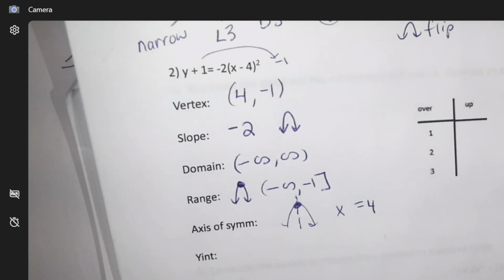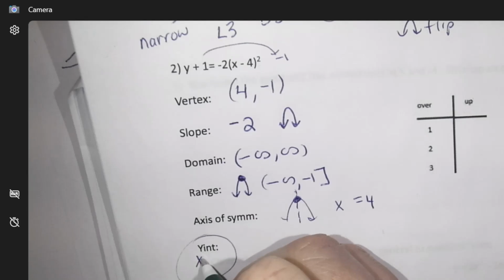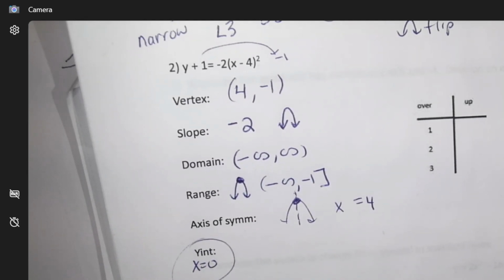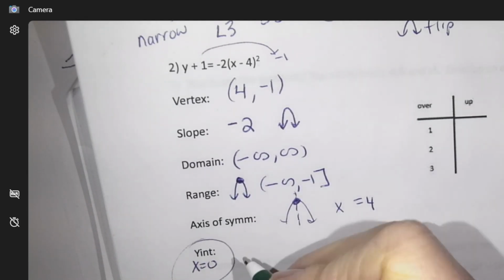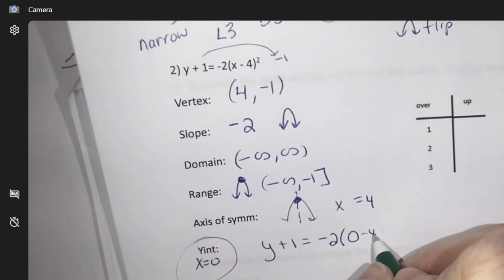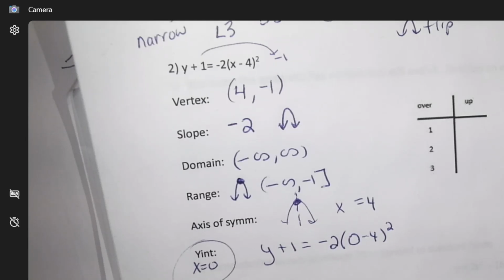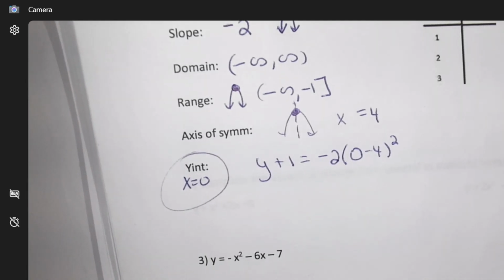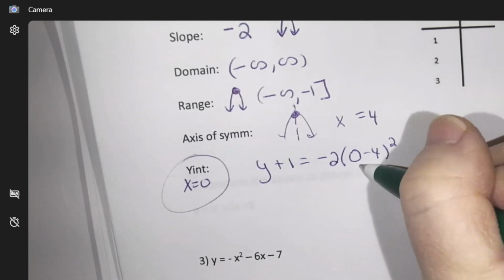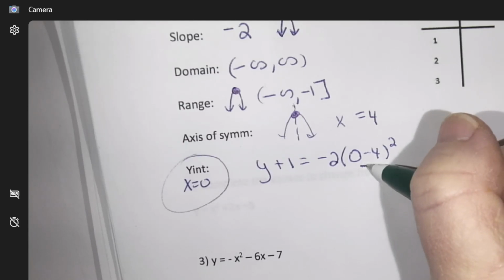And the y-intercept, what's the idea of every y-intercept? X is the 0 value. So I'm going to do that and figure it out. y plus 1 equals negative 2 times (0 minus 4) squared. Okay, please do some BEDMAS. Brackets, negative 4. Exponents, what's negative 4 squared?